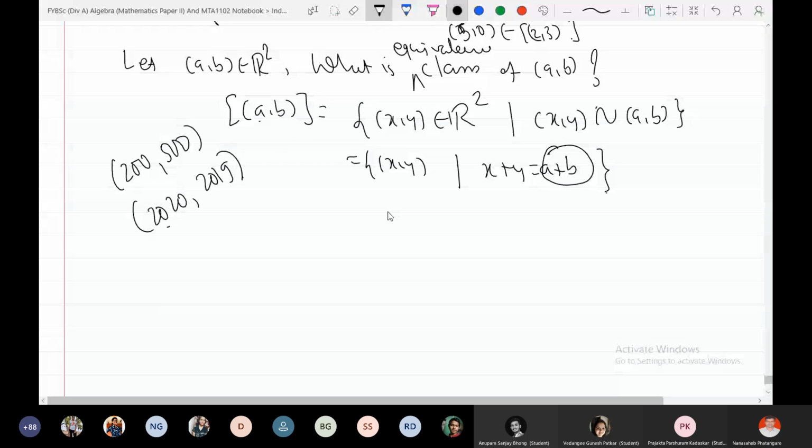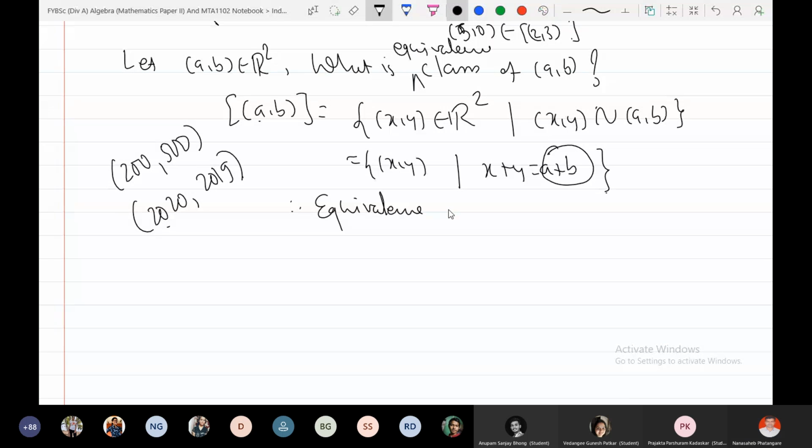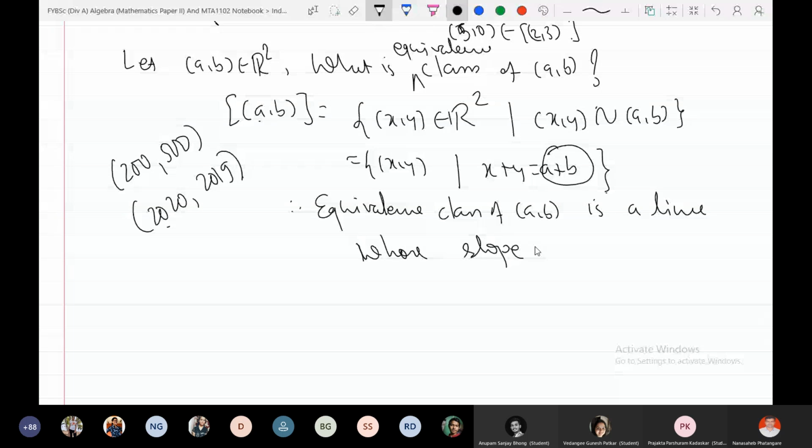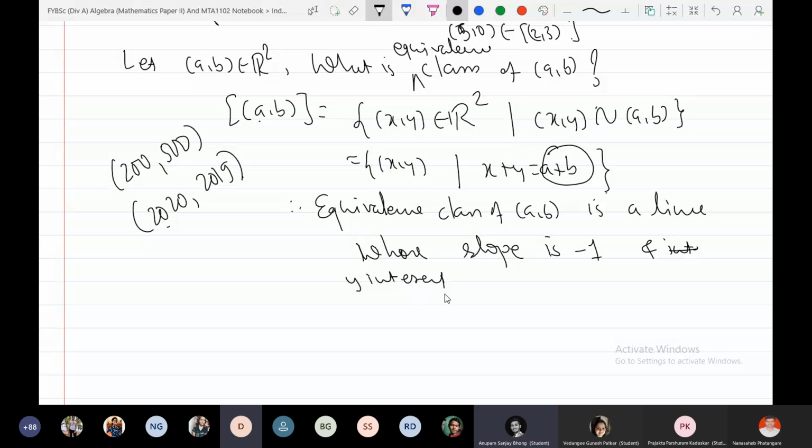So therefore, the equivalence class of (a, b) is a line whose slope is -1 and y-intercept is a plus b, right?